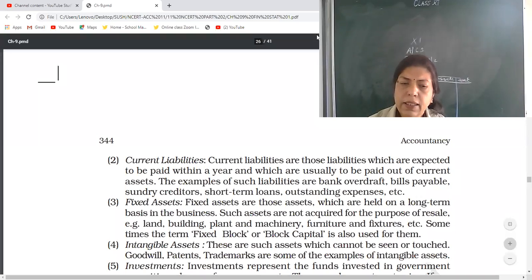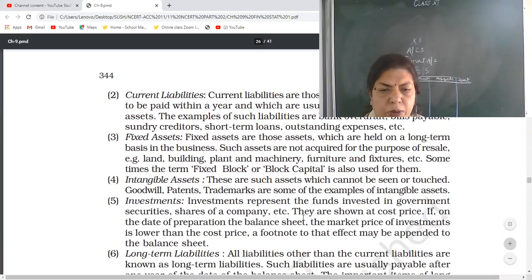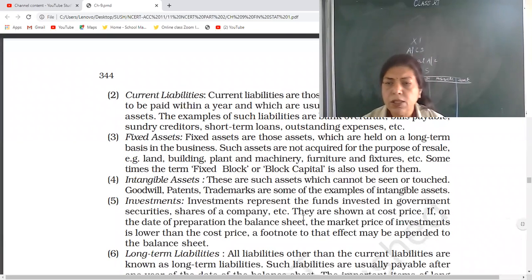Generally, the assets which we purchase for our own use, not for resale purpose, like land and building, plant and machinery, furniture and fixtures, electrical appliances, vehicles, FD, fixed deposit in the bank, all are termed as fixed assets. Now, fixed assets are tangible and intangible also.